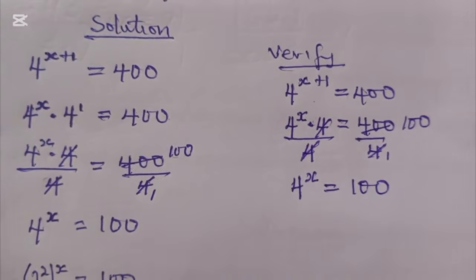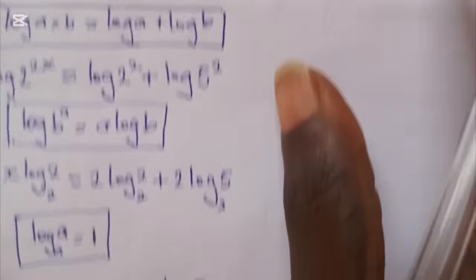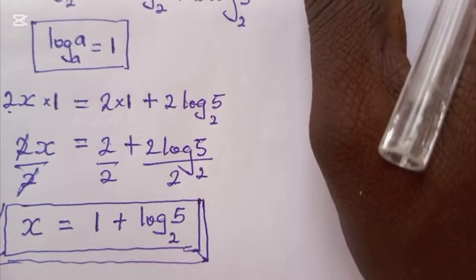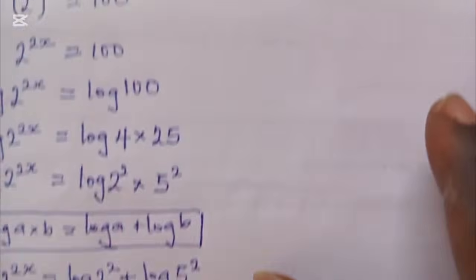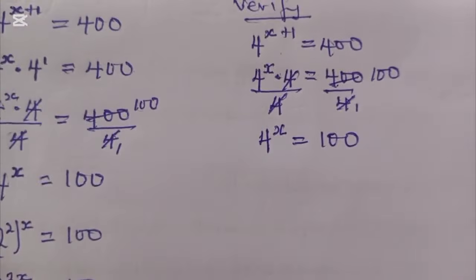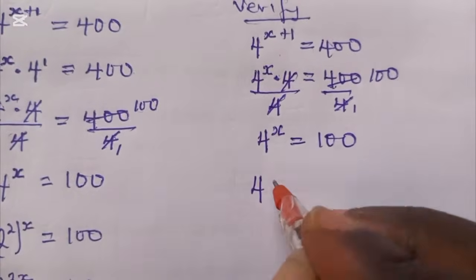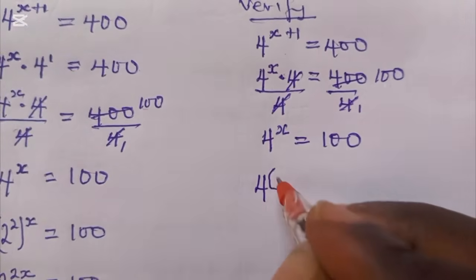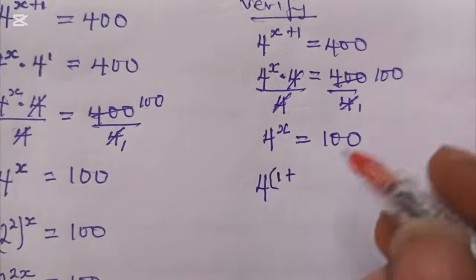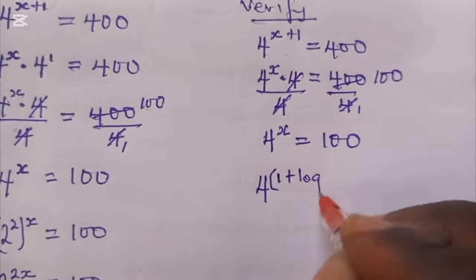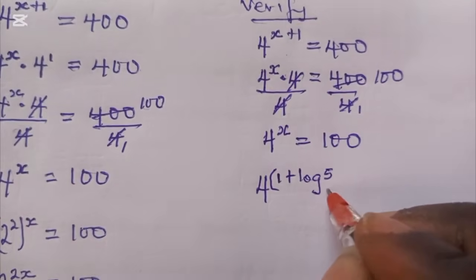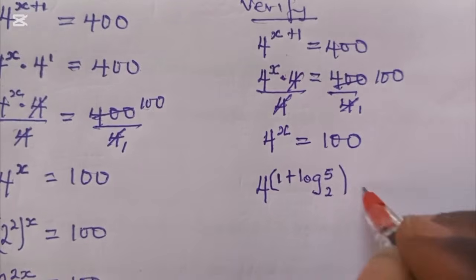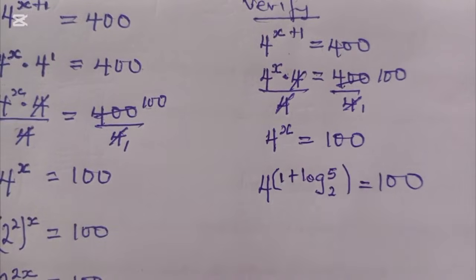Now we apply the value of x, which is 1 plus log 5 base 2. So let's apply that here. We have 4 raised to the power of 1 plus log 5 base 2 equals 100.